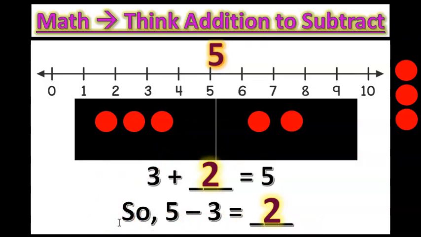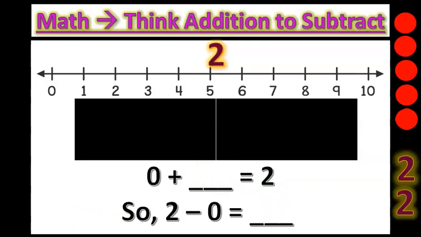Now, boys and girls, now this should look familiar to you because we went over this week. We're going to review it, okay? Now, let's come to this slide here. Our number here is 2. Therefore, this should be 2 also. You see how they're the same? Here is our number line.